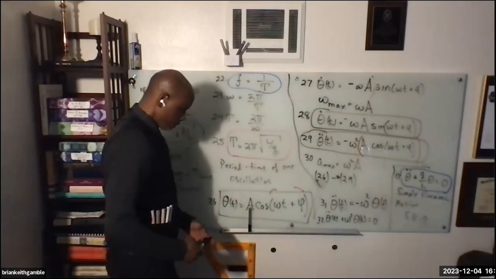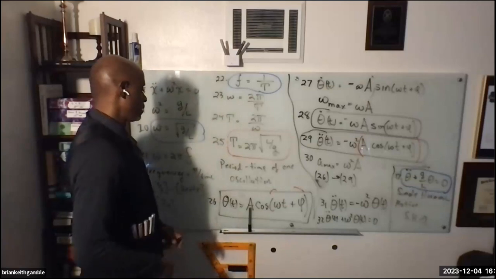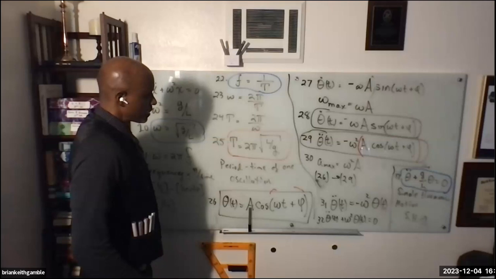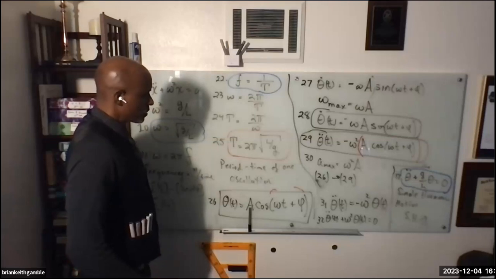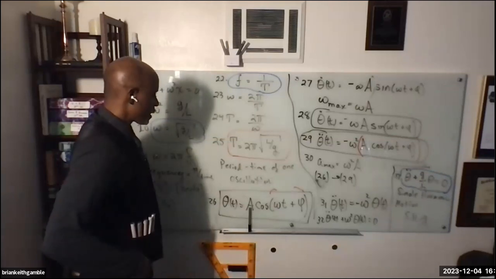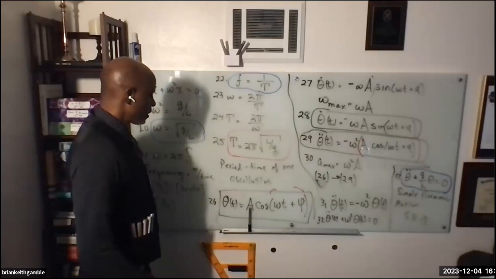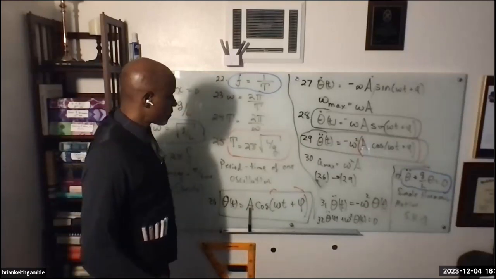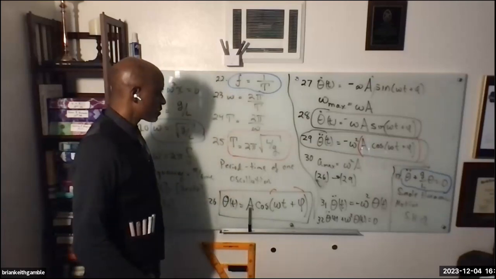And this is position. And it turns out that even though I did this for a pendulum, for any simple harmonic oscillator, these are the solutions. It's just that the form of omega changes based on the initial conditions and the parameters of the system.